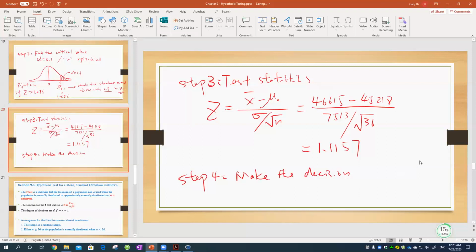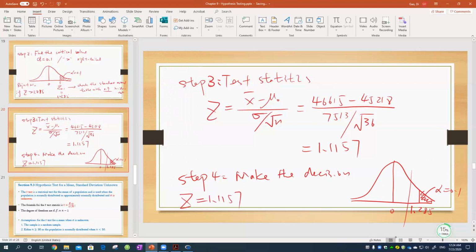So we can look at a curve. So 0 is right here, and this is alpha, which is 0.1. So this number is 1.285, and 1.1157 is somewhere here. So it doesn't lie within the rejection region. So our test statistic equals 1.1157.